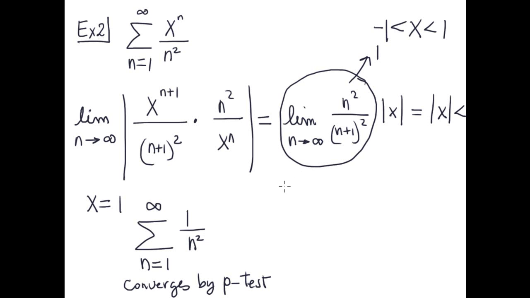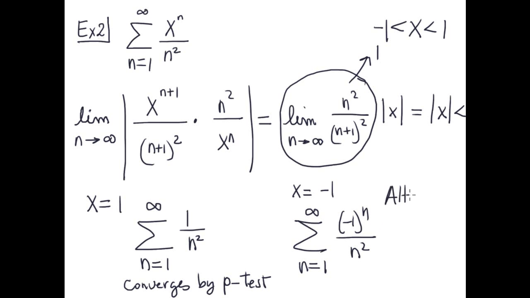Now, suppose x equals -1. The series is (-1)^n over n squared. This is an alternating series, so we use the alternating series test to determine its convergence.